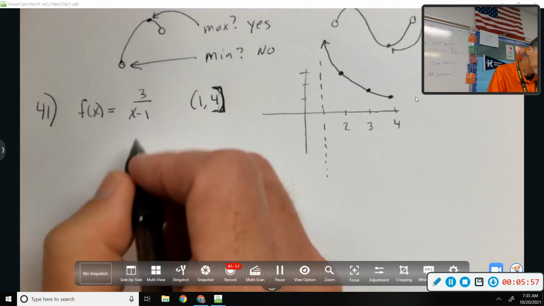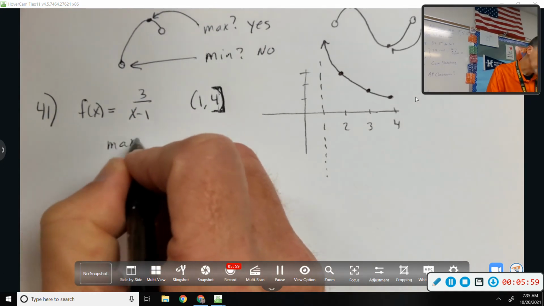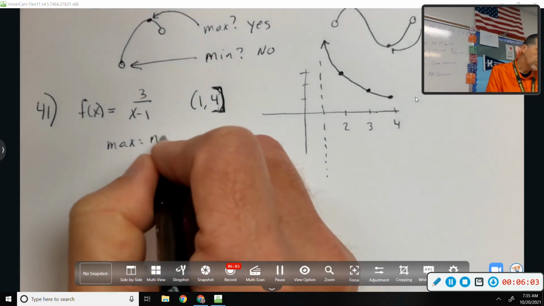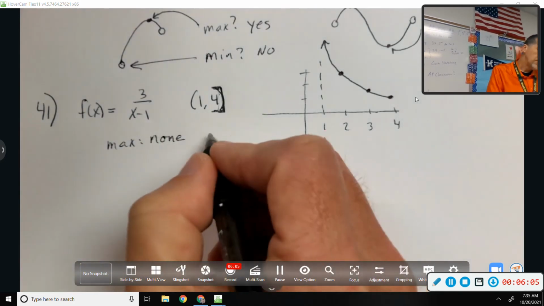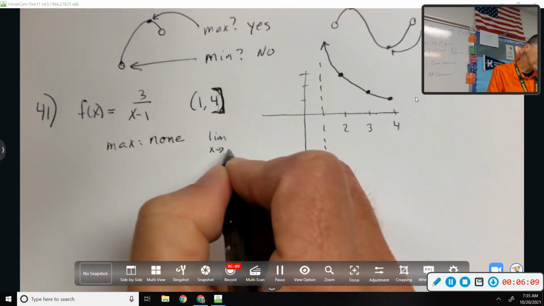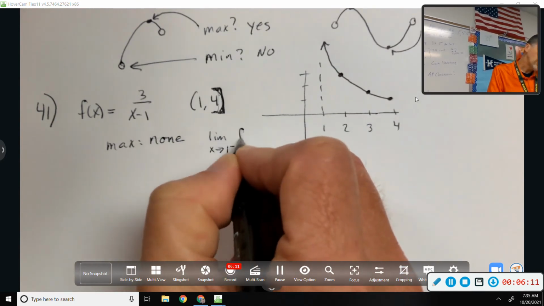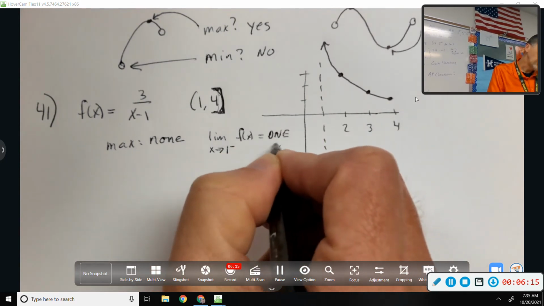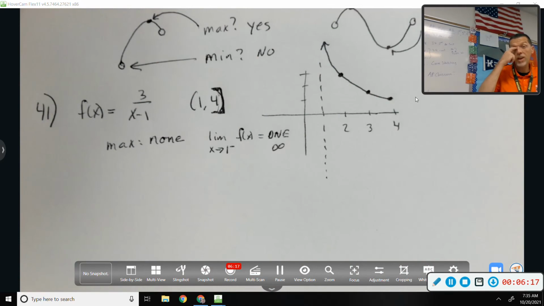Find the absolute extrema. Okay, so what's the max? There isn't one. It goes up toward infinity. This is not the answer, but it would be correct to say the limit as x approaches 1 from the right is DNE because it goes to infinity. That's about as good as you could say for a max. The official answer is there's not one because it's going to infinity.